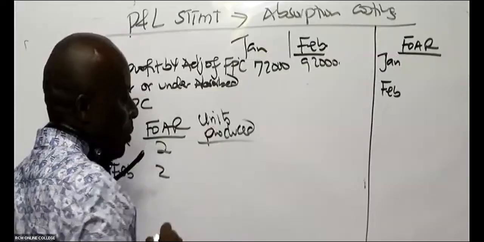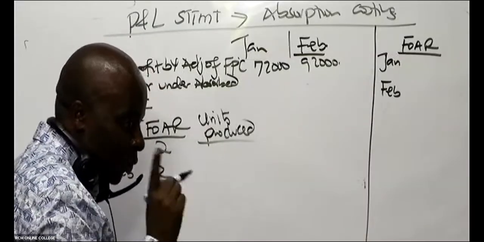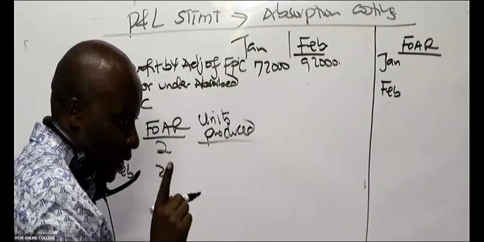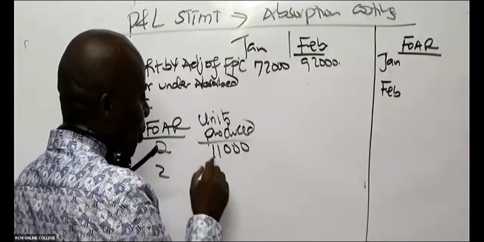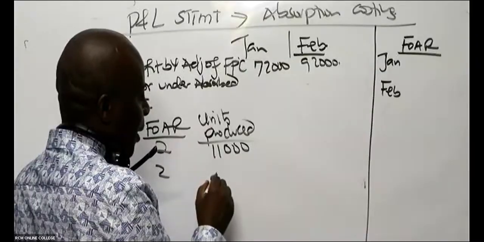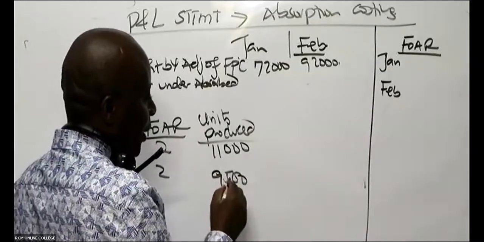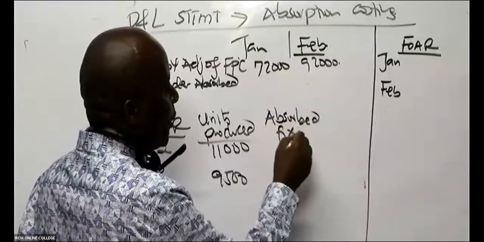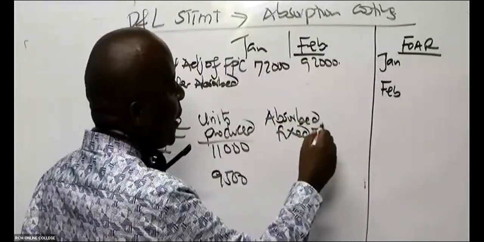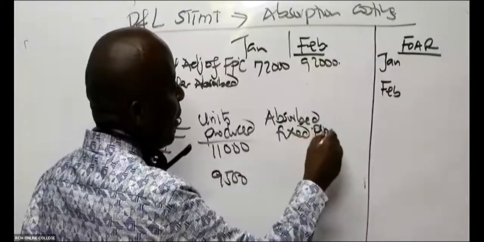So January we produced how many units? 11,000. February we produced how many units? 9,500. So then give me the absorbed fixed production overheads.